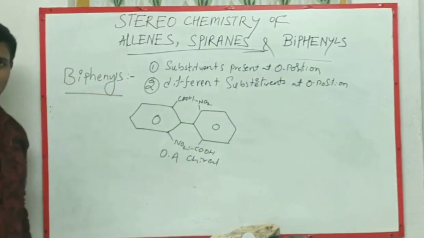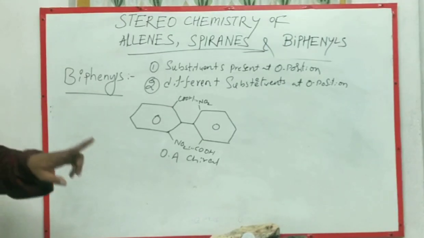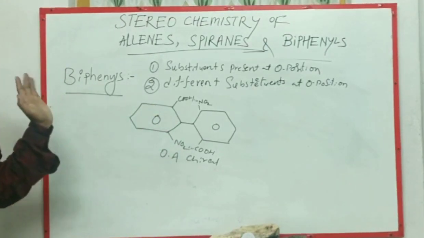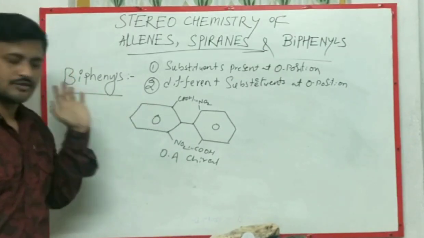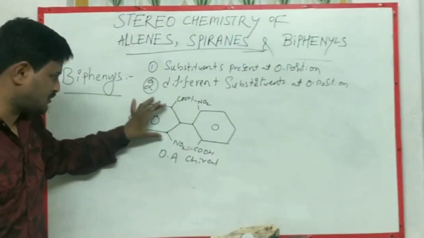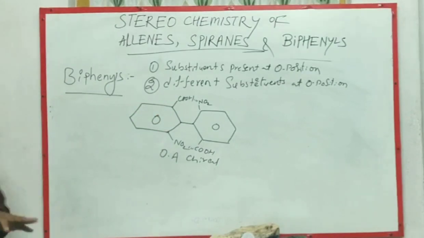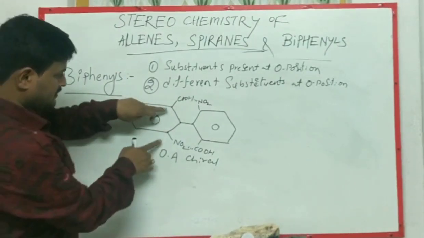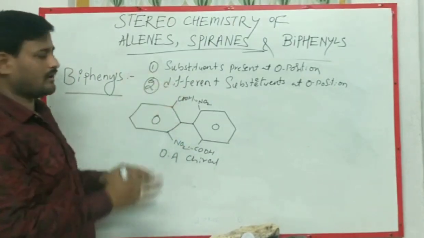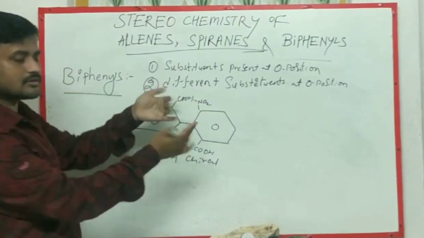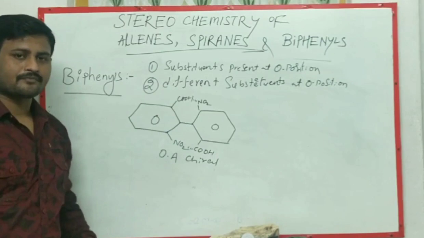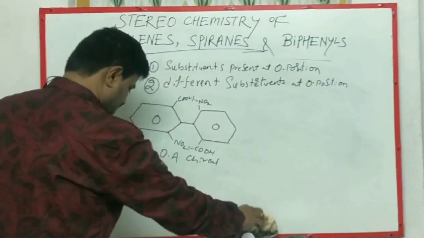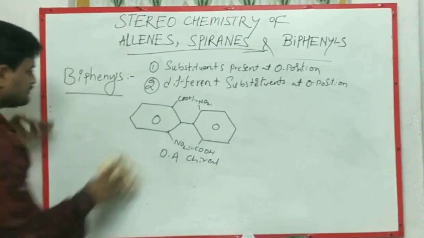This example has only two conditions: it must have ortho substituents, and the ortho substituents must be different. Different substituents at ortho positions, so it is a chiral molecule. I will give another example.